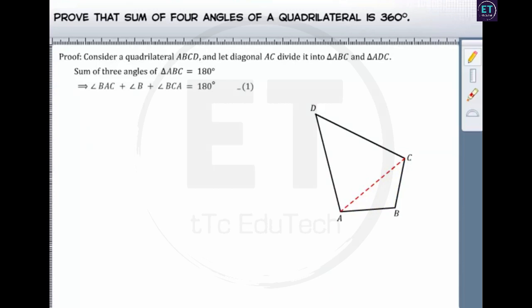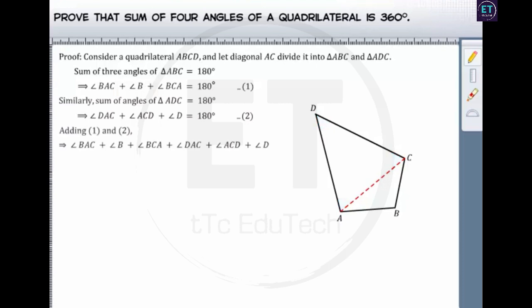That is, angle BAC plus angle B plus angle BCA is equal to 180 degrees. Similarly, the sum of the angles of triangle ADC is equal to 180 degrees. That is, angle DAC plus angle ACD plus angle D is equal to 180 degrees.